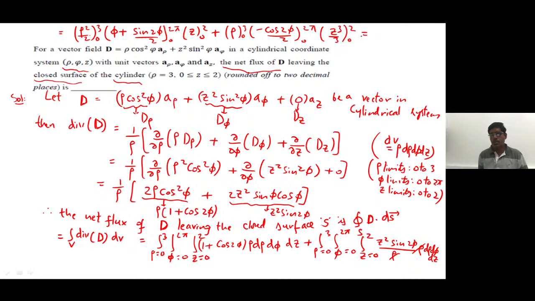Cos 2 pi is 1, cos 0 is 1, so the second term vanishes; sin 2 pi is 0, sin 0 is 0. So this is rho square, that is 3 square, 9 by 2, times the middle term 2 pi, and z between 0 and 2, plus this is 0. The 2s cancel and this simplifies to 18 pi. Because it is a numeric question, you should simplify with pi approximately 3.14, so I hope you are getting 56.55.